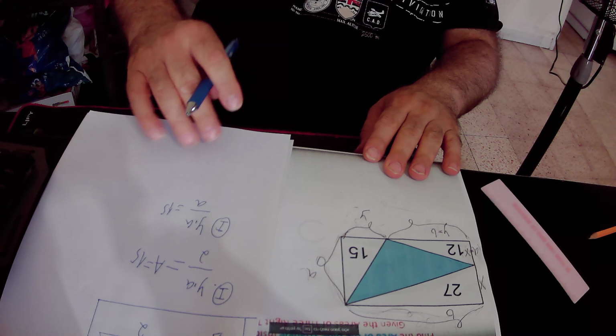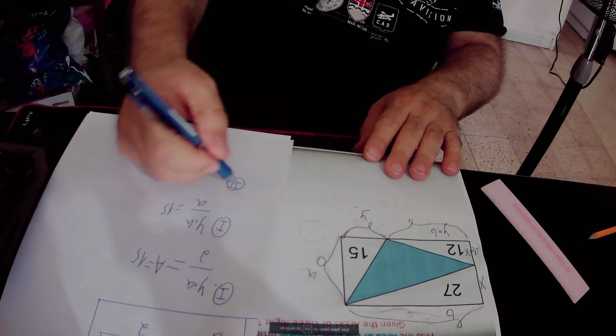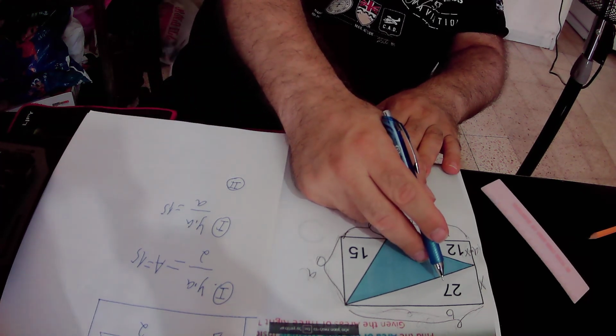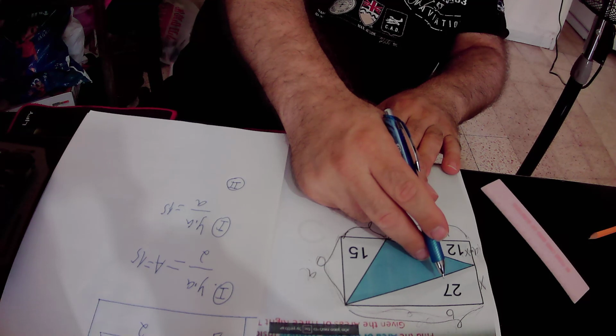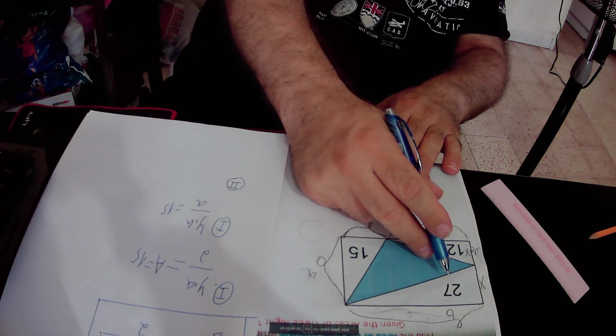And the next triangle that we will calculate the area of will be this triangle. We do know that the area of this right triangle is 27 units, but now we will create the formula to calculate this area.